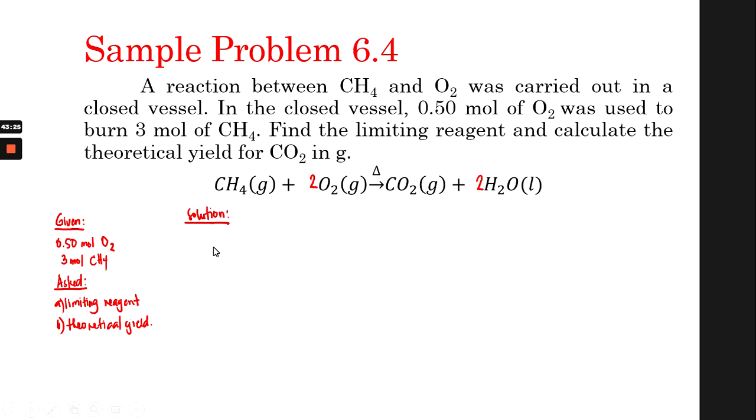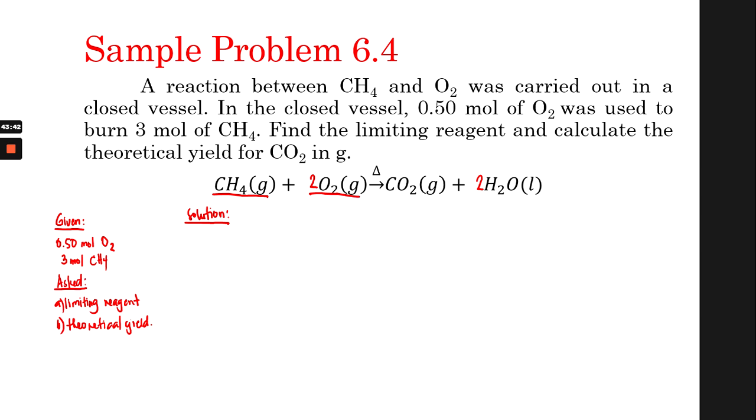Solving limiting reagent can be done in many ways, but I'm going to teach you 1 or 2 ways. The first one is just pure analysis, okay? So the first thing that you want to look at in limiting reagent is to identify the relationship between your reactants.